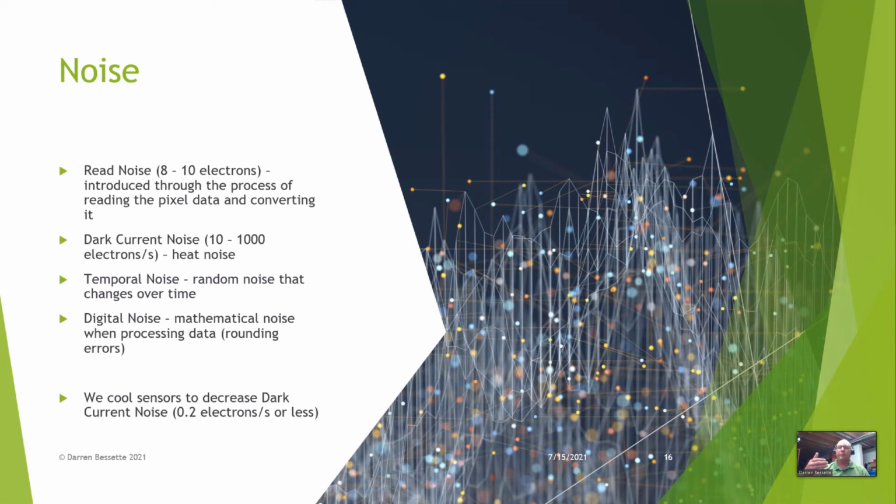And so therefore you can measure it, compensate for it, and reduce it in all subsequent images when you have the same settings. Dark current noise is noise that is introduced because of heat. What ends up happening is that as the temperature of the sensor heats up, the electrons start getting excited.